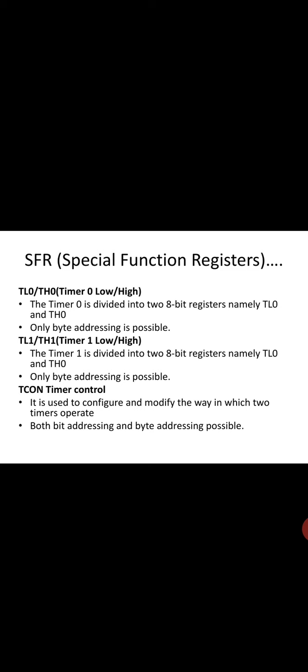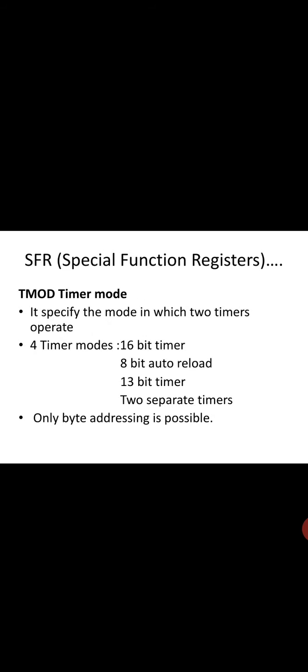Similarly, timer 1 is also divided into two 8-bit registers, namely TL1 and TH1. Only byte addressing is possible in this case also. TCON is timer control. It is used to configure and modify the way in which two timers operate. Both bit addressing and byte addressing is possible in this case.